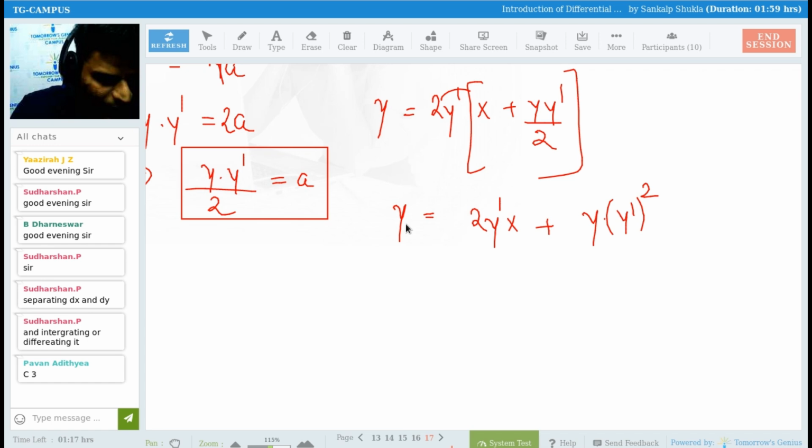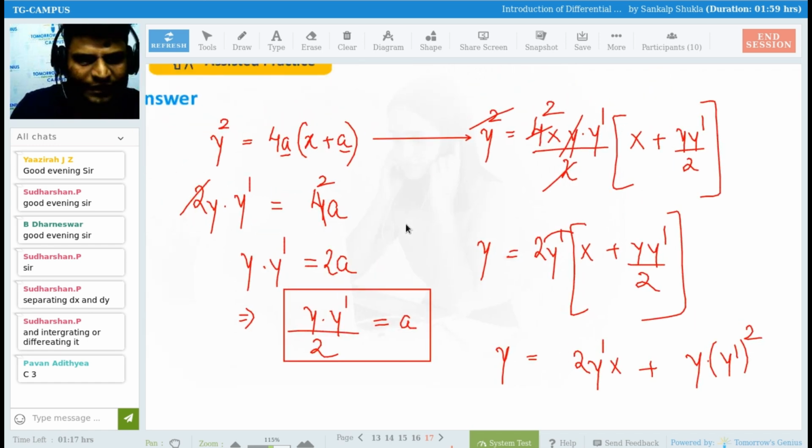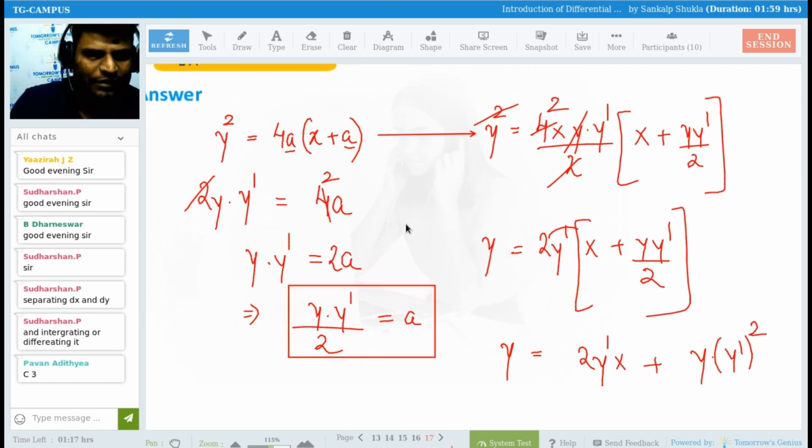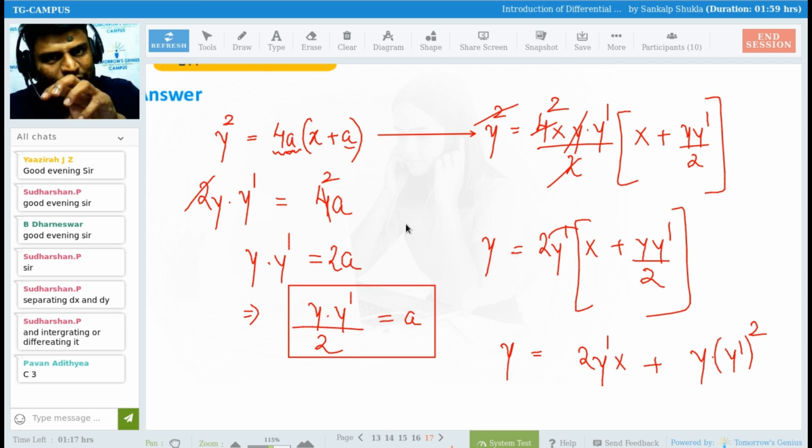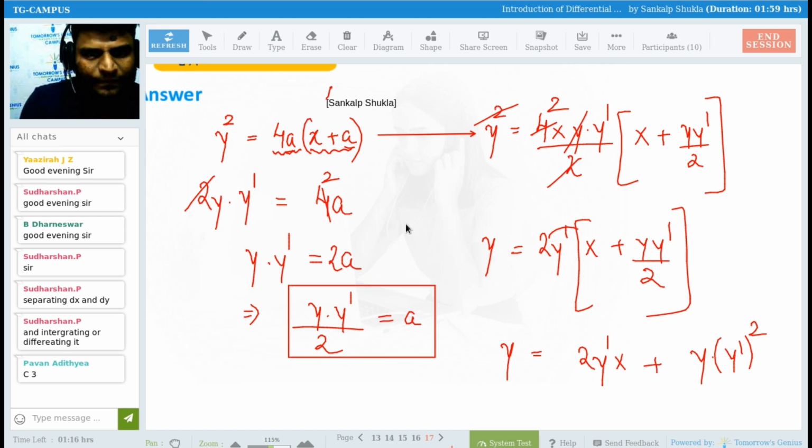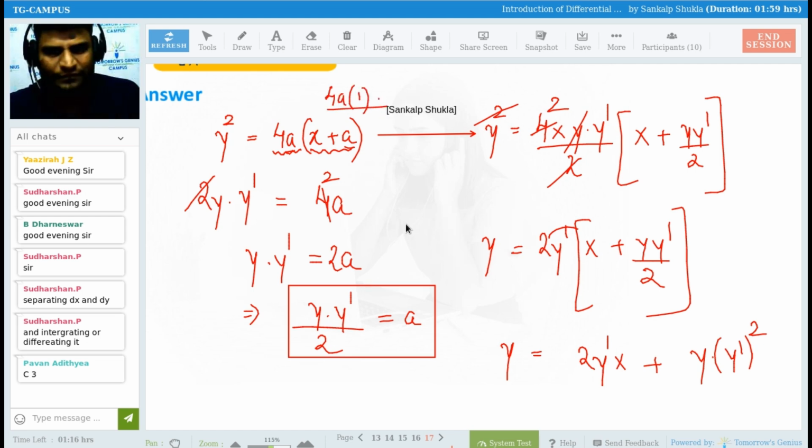Sir, in the second step, how did 4a come? This is a constant, beta. 4a is a constant, right? So you have to take this constant outside. You're differentiating it, right? You have to take this constant outside and differentiate this part only. So it is 4a into 1, basically. Yeah.